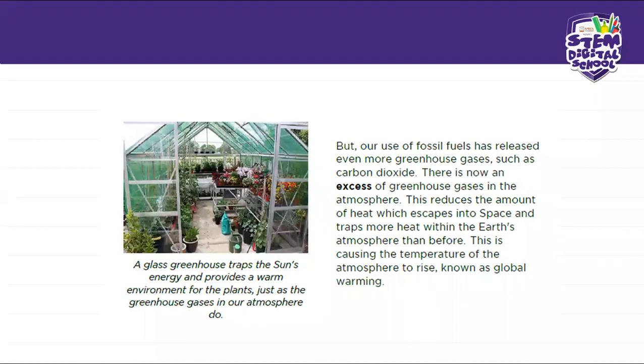So as you can see, a greenhouse traps the sun's energy and provides a warm environment for the plant, just as the greenhouse gases in our atmosphere. So you see this picture. The plants are supposed to be warmed, so they create a house so that the ambient temperature that is conducive for the plants can be given by the greenhouse.